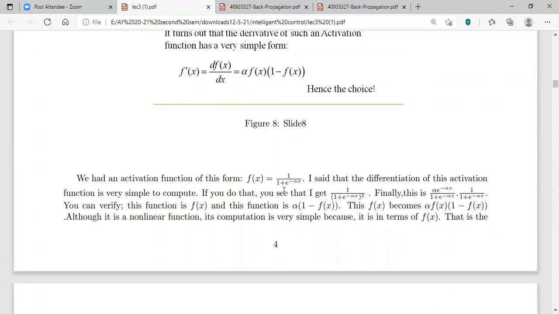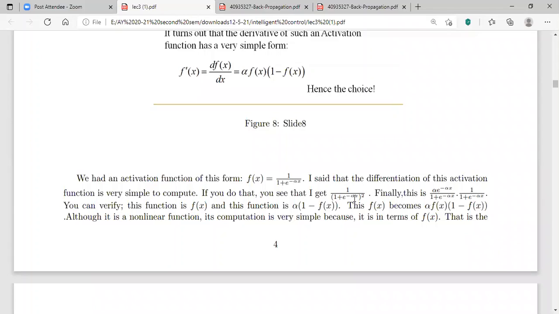See, the sigmoidal activation function form is f of x is equal to 1 by 1 plus e power minus alpha x. So you want to go for differentiation. If you differentiate, you will be getting alpha into e power minus alpha x by 1 plus e power minus alpha x into 1 by 1 plus e power minus alpha x, which is mentioned as alpha into f of x into 1 minus f of x.